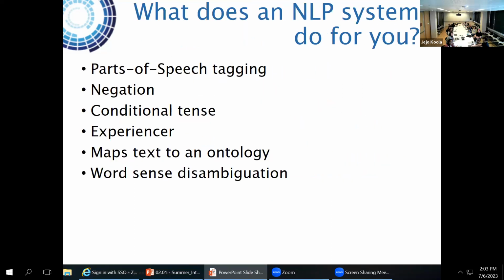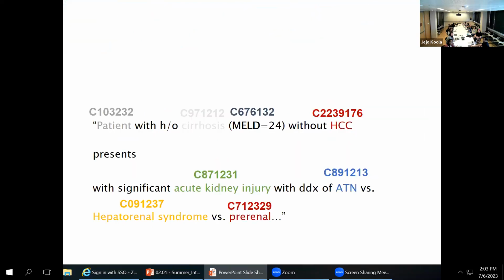Like I said, for the out-of-the-box system to really work, it needs to be able to map it to an ontology. Maybe your medical problem is so new it's not in an ontology, right? Think about NLP researchers in March 2020. They couldn't use an out-of-the-box system to describe COVID, right? Because COVID did not exist in any ontology. So we had to do some work to do that. Great question. Any other questions?